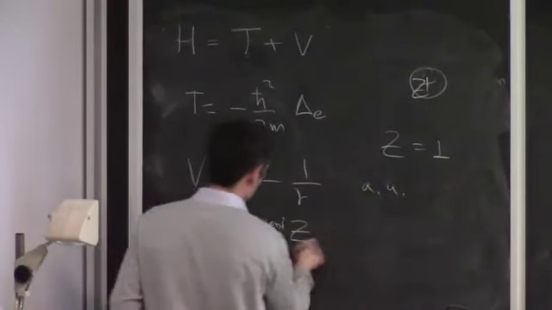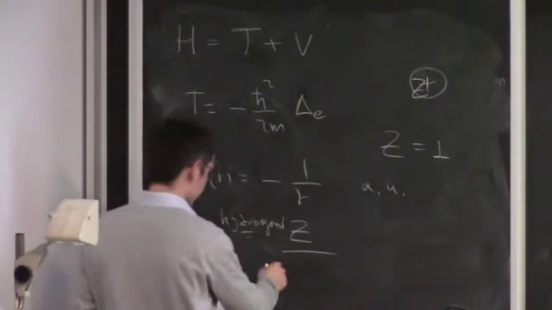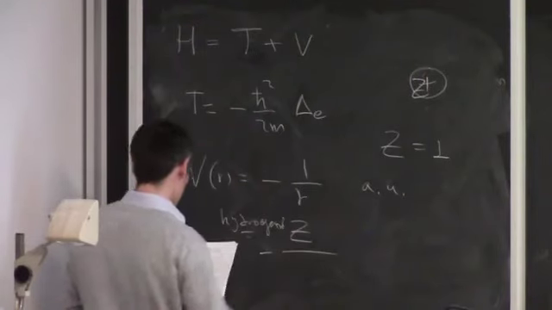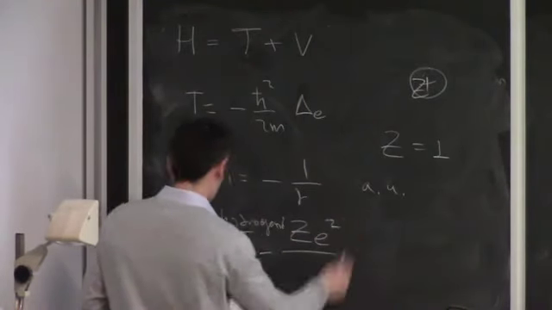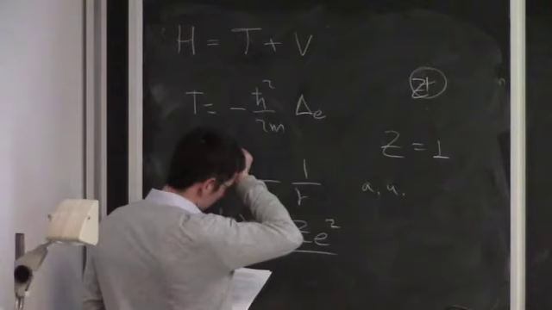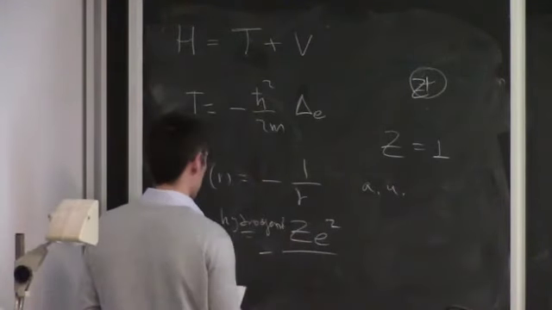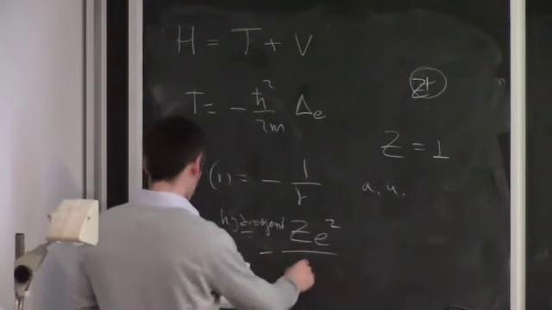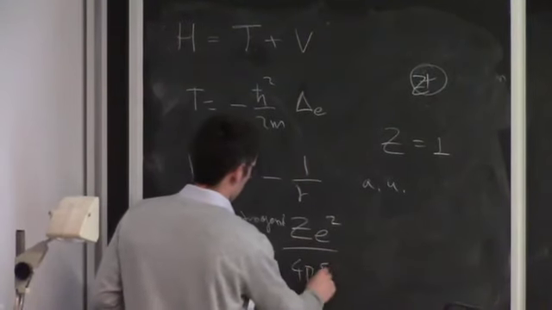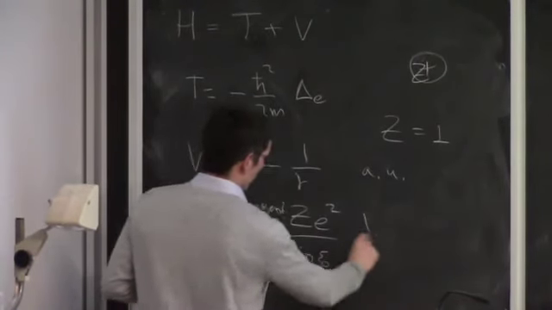right? Then Z will be in the potential with a minus sign, and then the unit charge of the electron and the nucleus, then 4 pi epsilon 0 and then 1 over r.